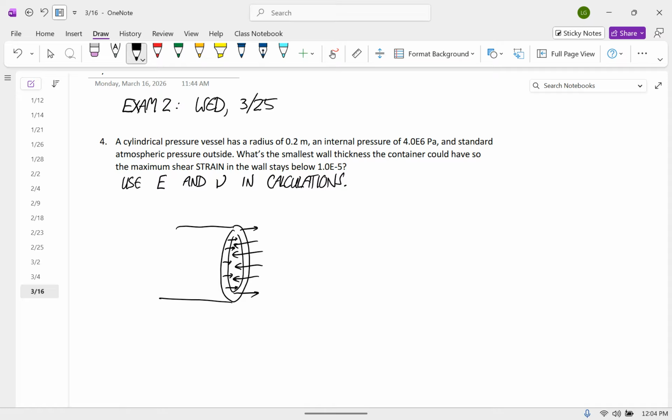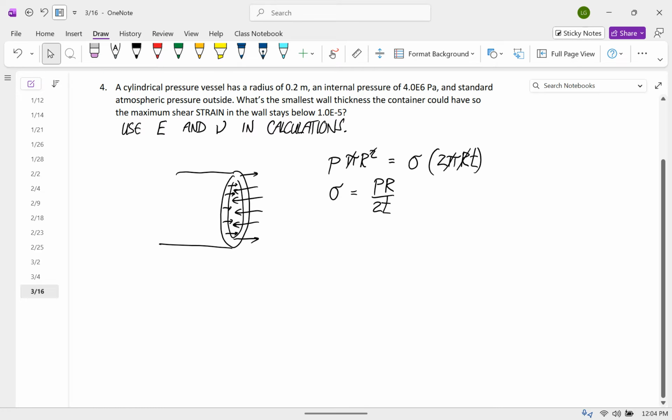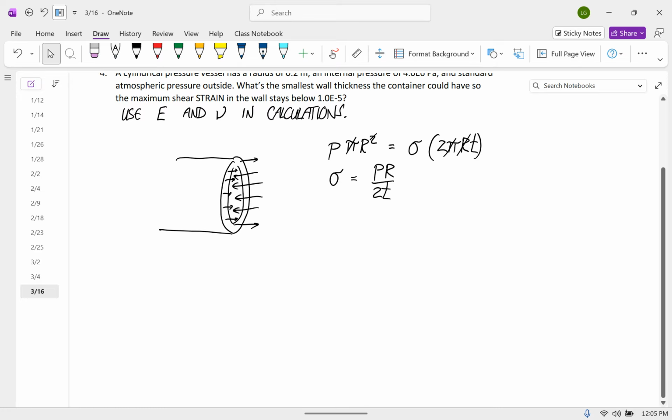So we have the pressure times pi r squared has to be equal to the stress times 2 pi r times the thickness. And so what we get is that the stress is equal to P R over 2T. So that's for the two halves stress, the left and right stress.